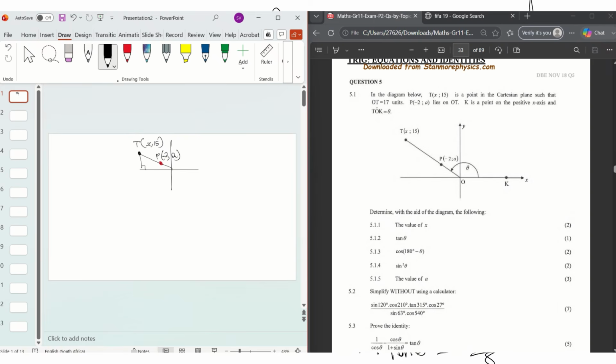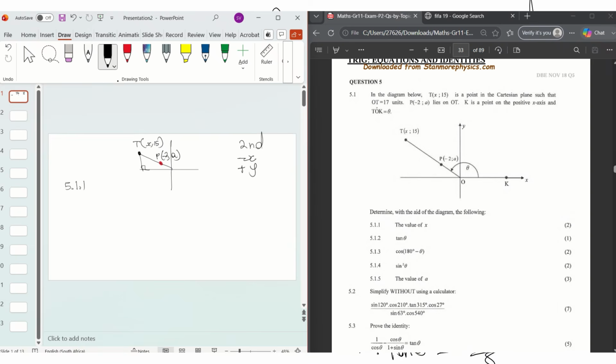Okay, so to tackle this question, remember that this point T lies in our second quadrant, and in our second quadrant, we all know that x is negative and y is positive. Please, guys, because most of you tend to make a mistake.